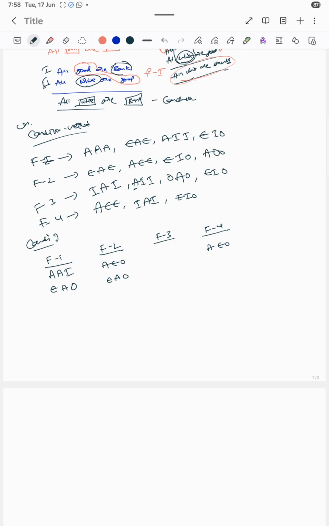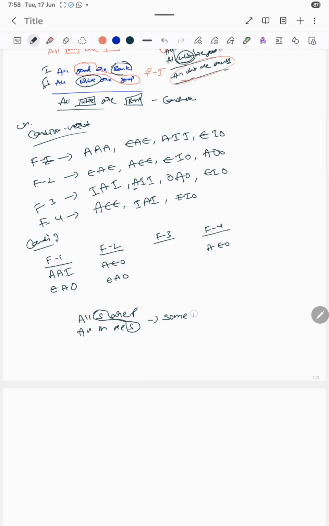So what we can observe in all these examples: AAA means all S are P, all M are P, all S are M, right? This is figure 1. Now if you see, this is matched, and then the conclusion will be some, AAI.